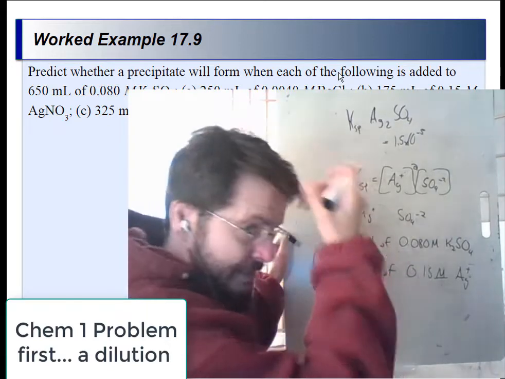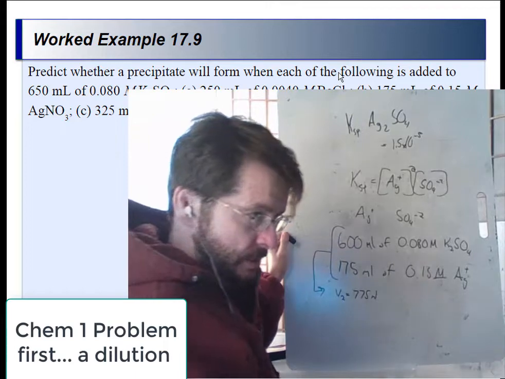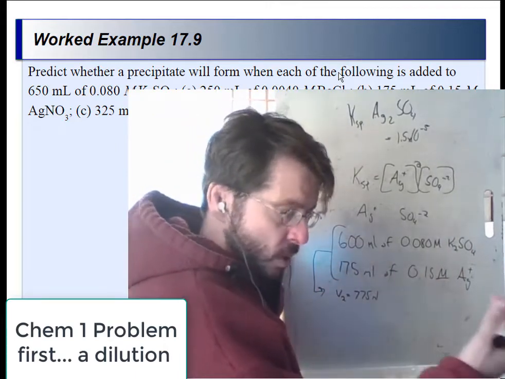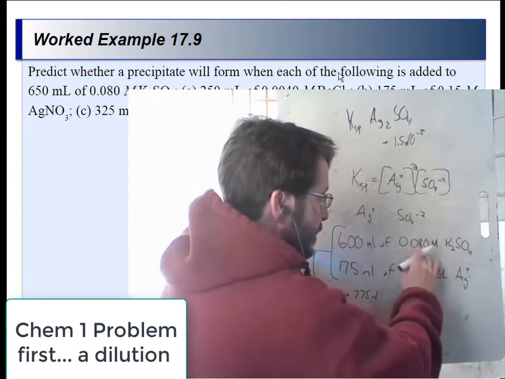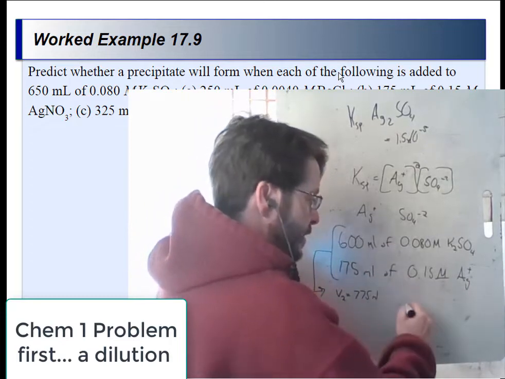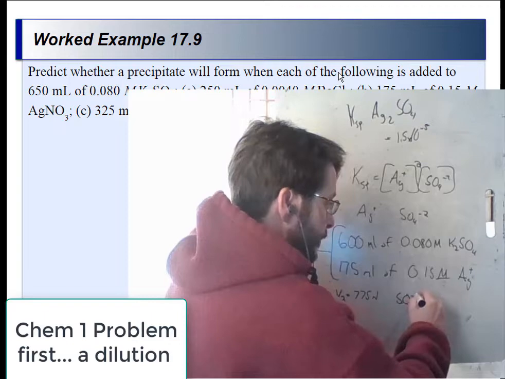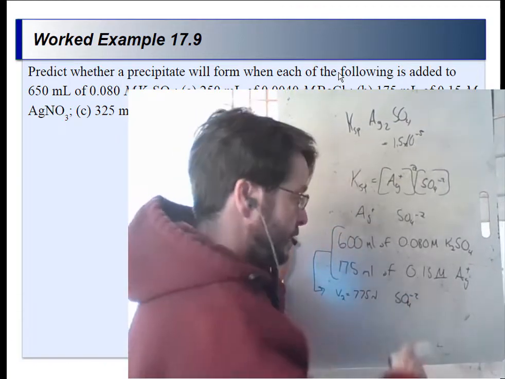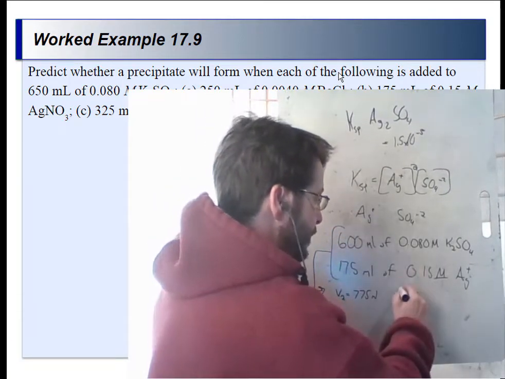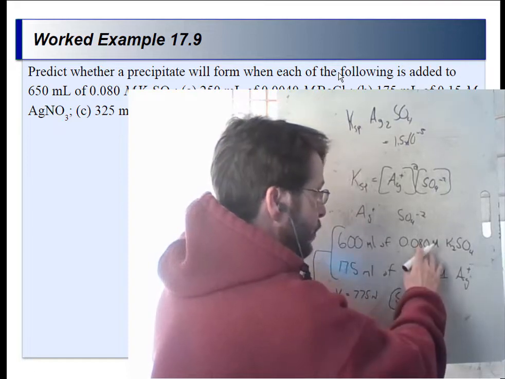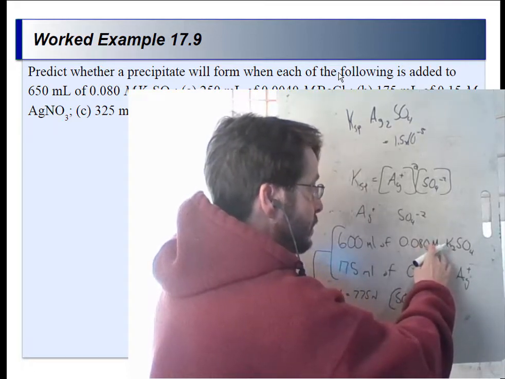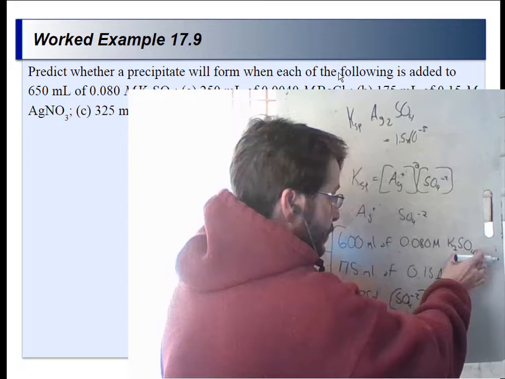And now we have a series of dilutions. This is leftovers from Chem 1. We have to dilute this solution and figure out what the potassium concentration is, what the sulfate concentration is. The sulfate concentration before dilution was 0.08 molar. And so will it precipitate?